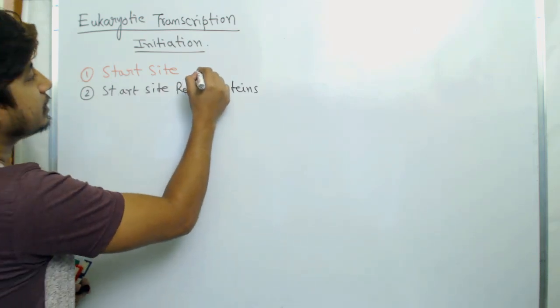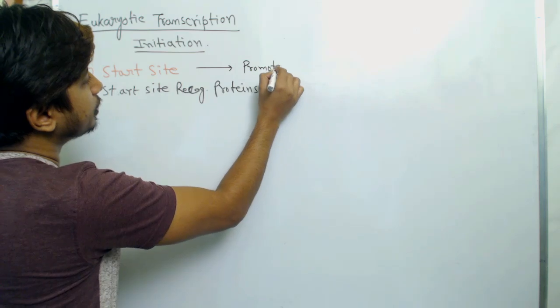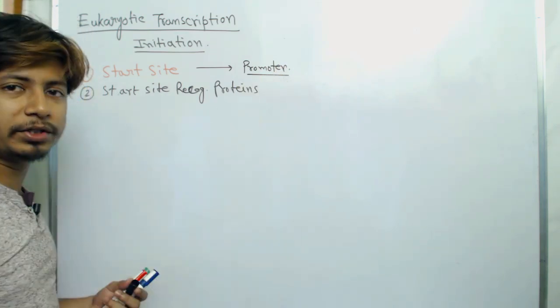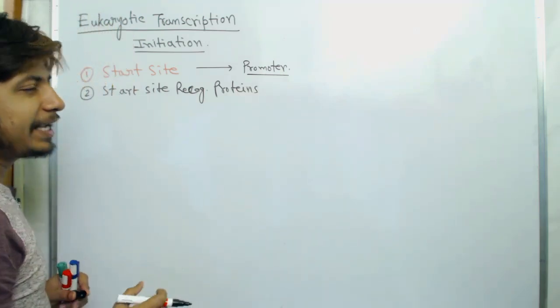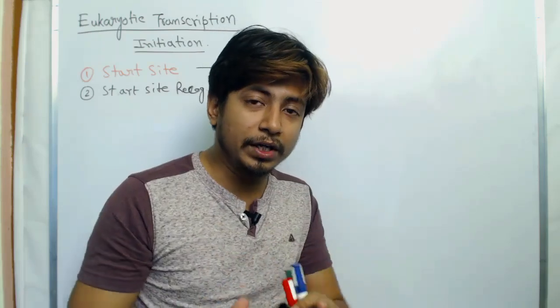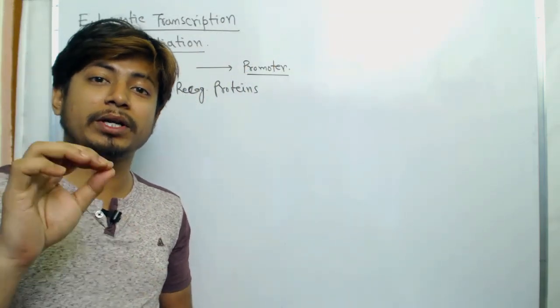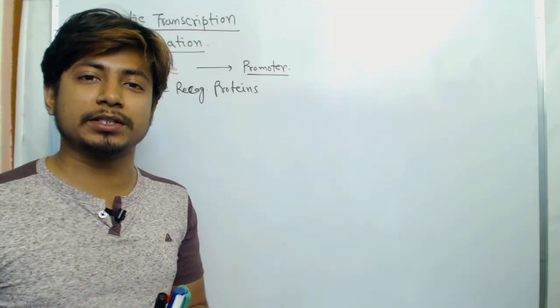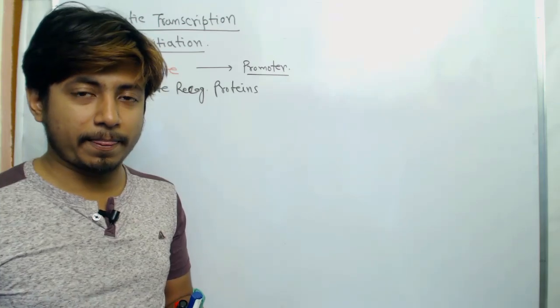Start site is also known as the promoter region, and that is true for prokaryotic transcription as well as eukaryotic transcription. And that promoter region carries a unique sequence. Now as the promoter has a conserved unique sequence, polymerase, which is the major enzyme for the process of transcription, identifies that promoter and can initiate the transcription.